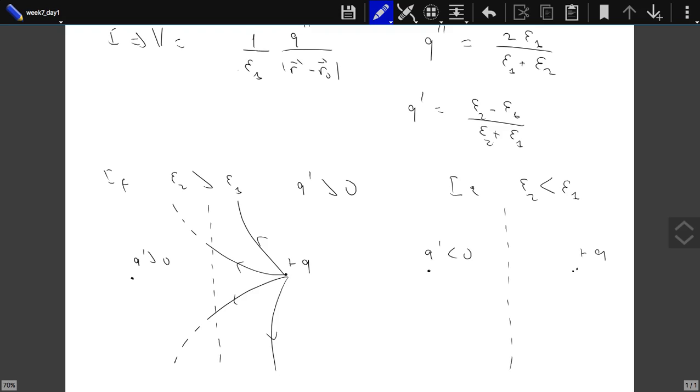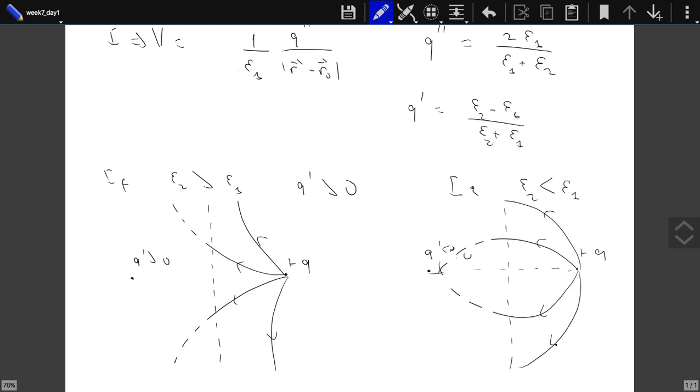Now, if epsilon 2 is less than epsilon 1, then Q prime is negative. So we have Q prime less than 0, and plus Q over here. This is the surface separating the two.